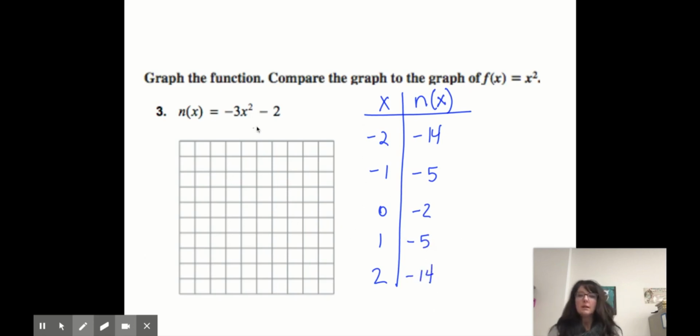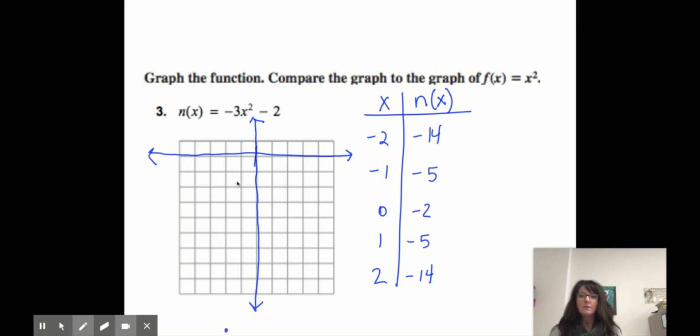All right, this time we're going to be graphing maybe in the 3rd and 4th quadrants of the coordinate plane. So I'm going to move my x-axis to the top. All right. So negative 2 and negative 14. 2, 3, 4, 5, 6, 7, 8, 9, 10, 11, 12, 13, 14.